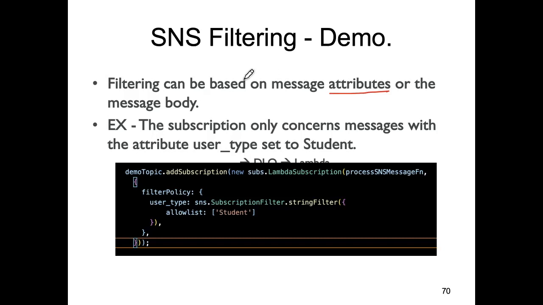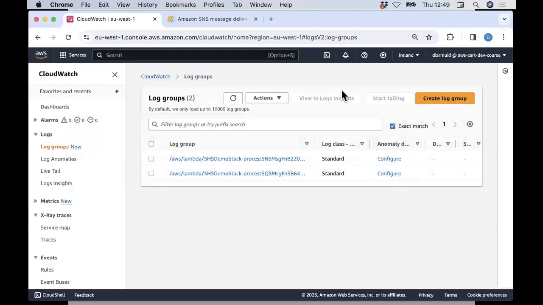What you can also do is filtering on the basis of the actual message body itself. That's quite tricky to program, and I might have an illustration of that for you next week. The attribute one is easier to illustrate. If I just go back to here.